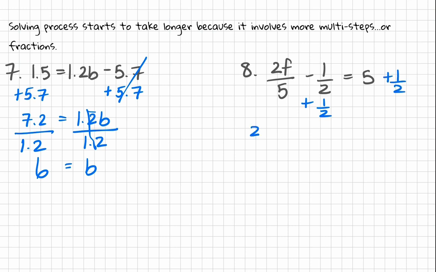Then I have 2f over 5 equal to 5 plus 1/2. I have fraction, fraction, whole number. I would like to make all these fractions have the same denominator for simplifying the math process. So that means we have some fraction stuff to take care of, and I'm going to put that here.